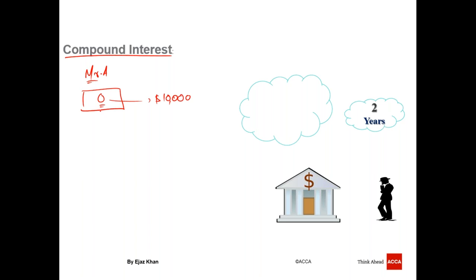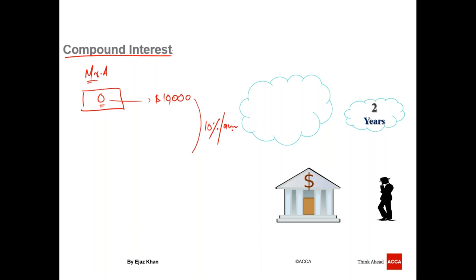So the 0 represents today. That is something invested immediately. So at point 0, Mr. A is considering to invest $10,000 in a 2 years project at 10% per annum.